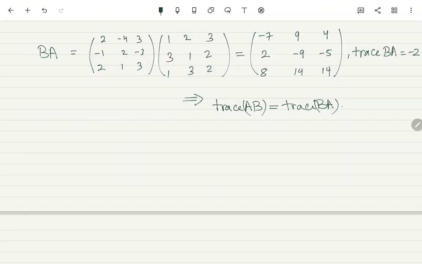Let's define matrix inversion. Matrix inversion is defined as A minus 1, called the inverse of the matrix, such that A inverse times A is equal to 1.